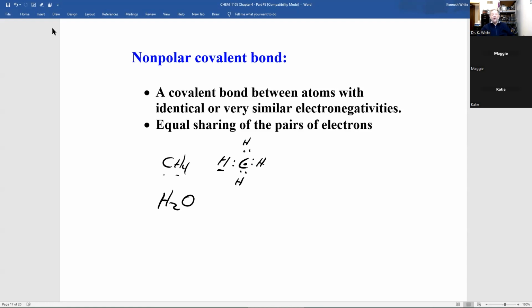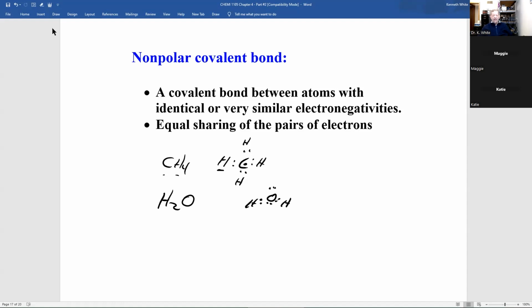Bet you didn't think water is a chemical. Now, I'm going to draw it like its shape. And you can do it straight too.